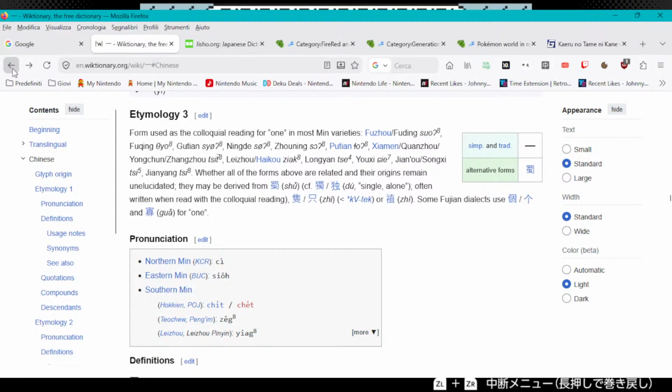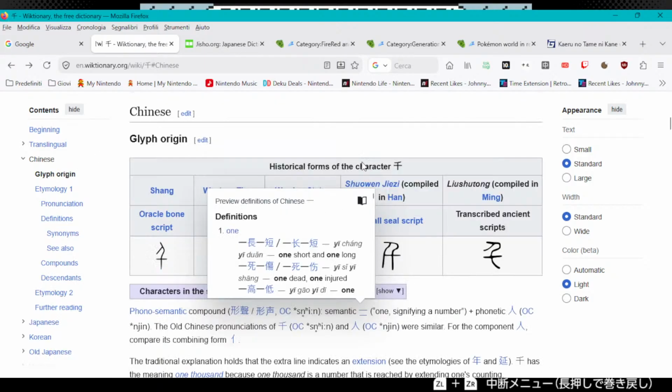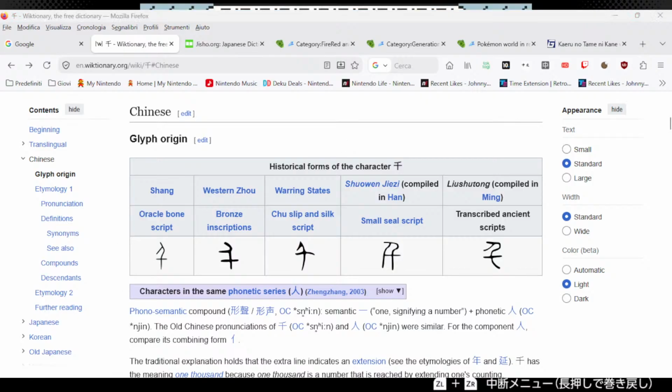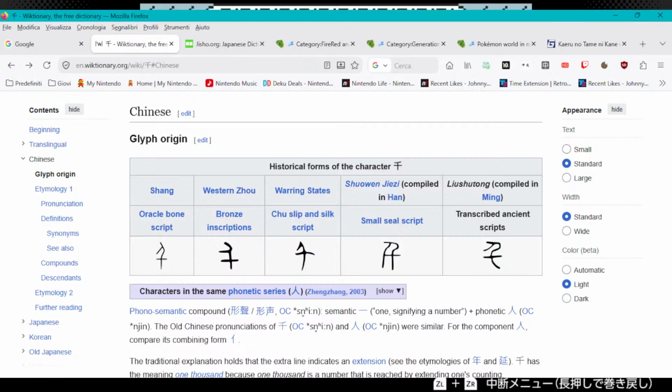So now we can actually go back. Okay, we have to go back one more, to finally check out this kanji, which is the new phonetic in the kanji we want to study here. This one combines the semantic kanji for one, signifying a number in general, and then the phonetic of person.